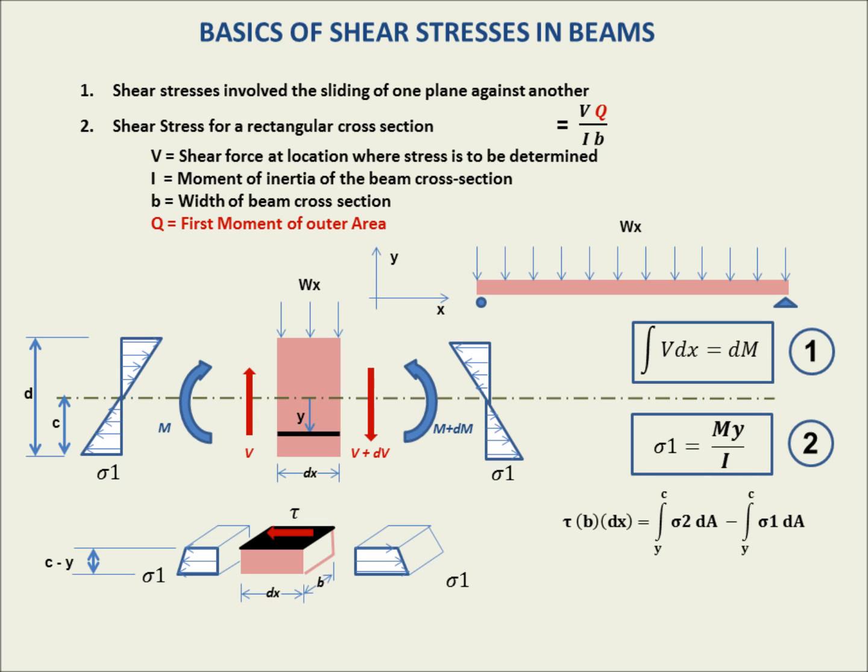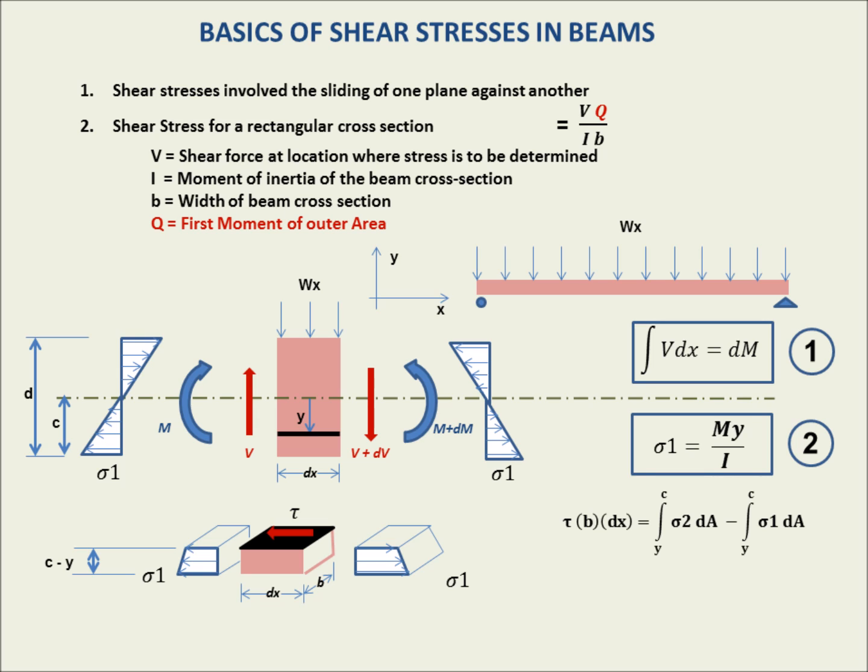We're saying that the force going to the left equals the forces going to the right. So therefore, the shear stress times the area of the black plane is equal to the integral from c to y of sigma 2 dA minus the integral from c to y of sigma 1 dA. Now, we know how sigma 2 and sigma 1 are defined.